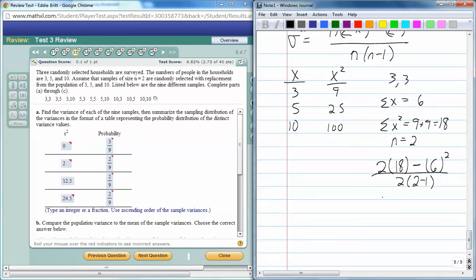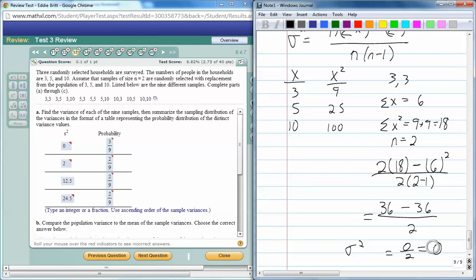So this is 36 minus 36 over 2, or 0 over 2. So what is the variance for the set of numbers 3, 3? It's 0. You have to do that for every set of numbers, okay?